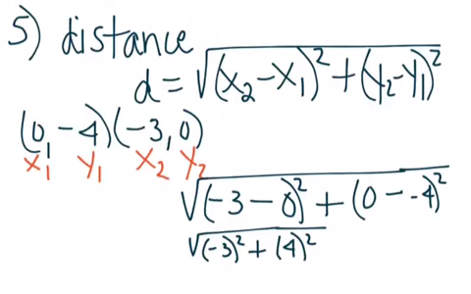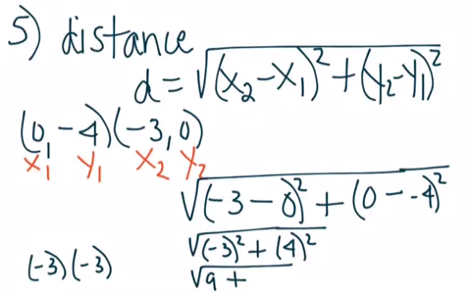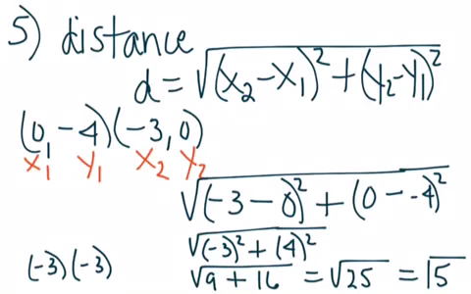Be very careful how you put negative 3 squared in your calculator, because negative 3 times negative 3 is a positive 9, because we're supposed to do the signs inside first. So 9 plus 4 times 4 is 16. So that's the square root of 25. So that comes out to be a distance of 5.